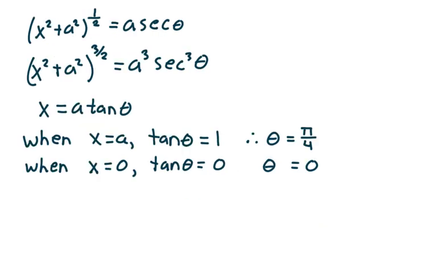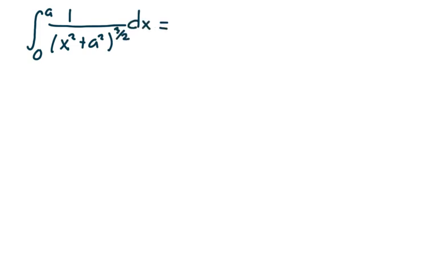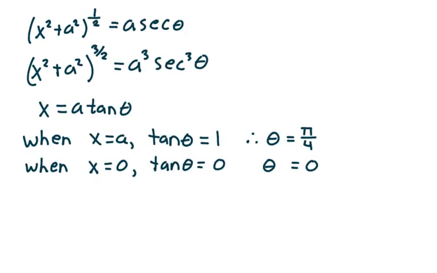Okay? Now, from here, we get the integral from 0 to a of 1 over x squared plus a squared to the 3 halves dx. This is the integral from 0 to pi over 4 of. Now, I'm going to get 1 over. Now, let's go back. x squared plus a squared to the 3 halves is a to the third secant cubed theta.